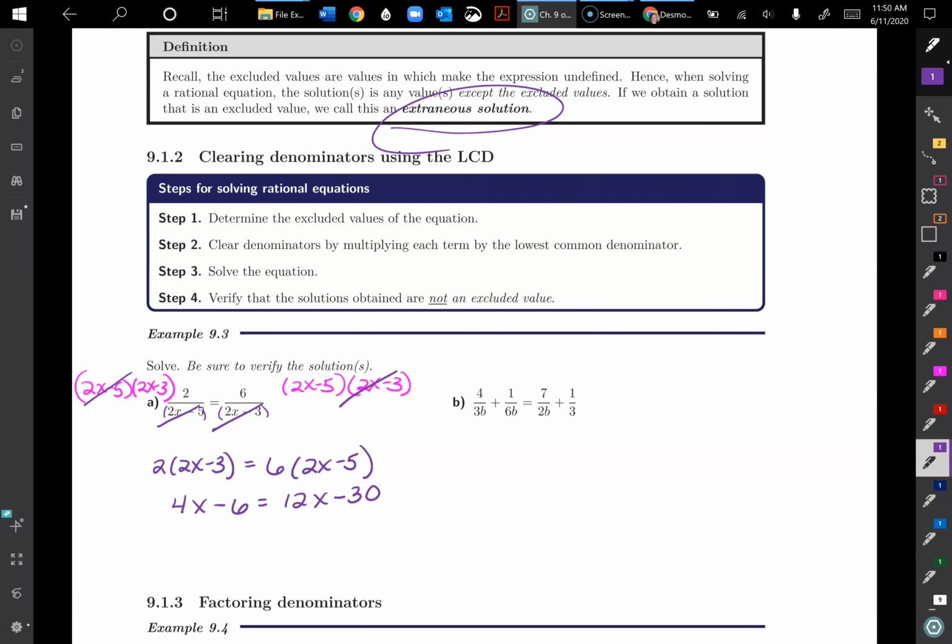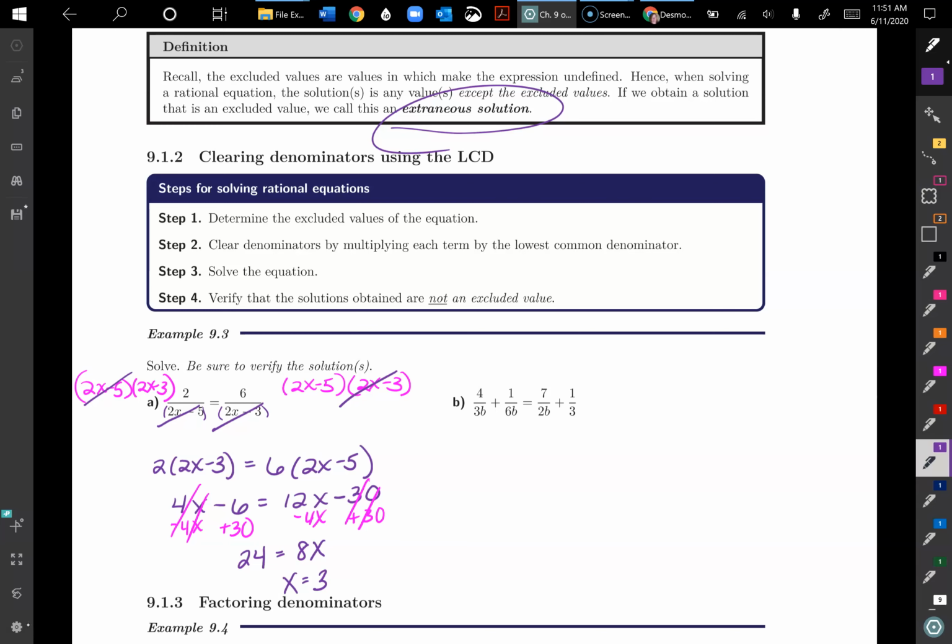And then I need to do my solving process here. So I'm going to subtract 4x from both sides. And I'm going to add 30. So then that leaves me with 24 equals 8x. So x equals 3.